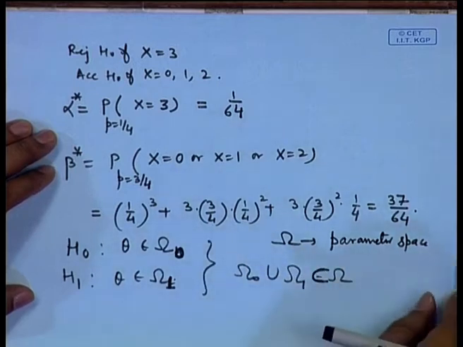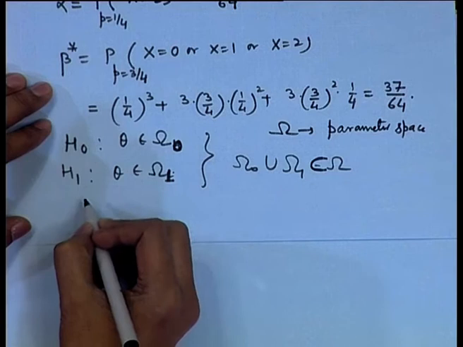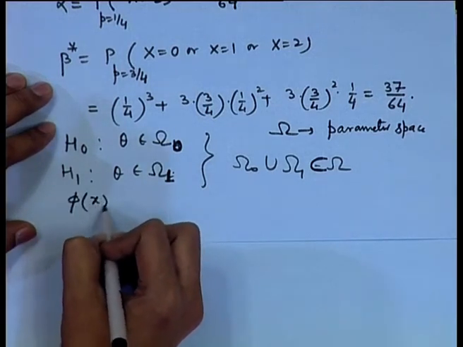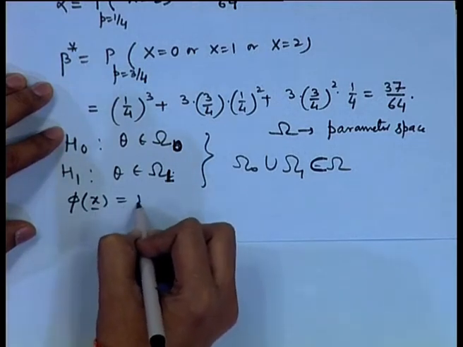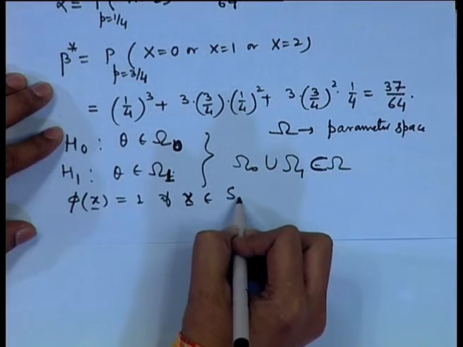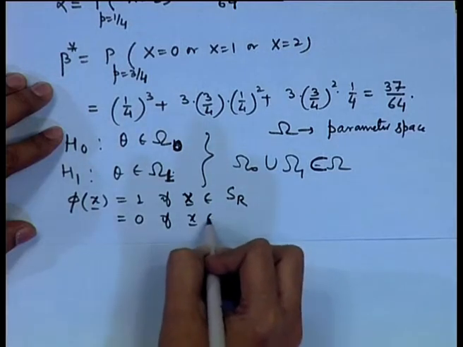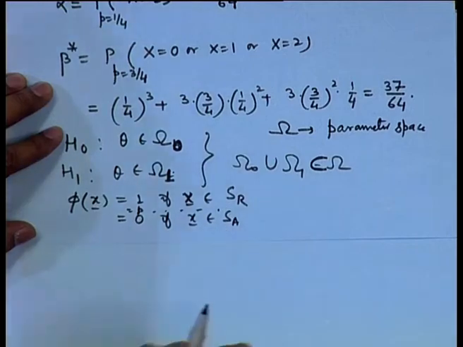So, the procedure that we are trying to tell here is that we are devising a function phi x based on the sample. So, we are saying phi x is equal to 1 if x belongs to say S R, it is equal to 0 if x belongs to S A. But in some cases, as I mentioned, we may go for randomization also, we may put some value p here for certain region.